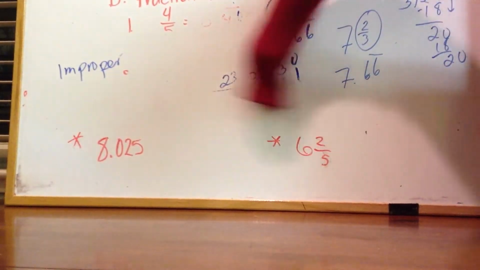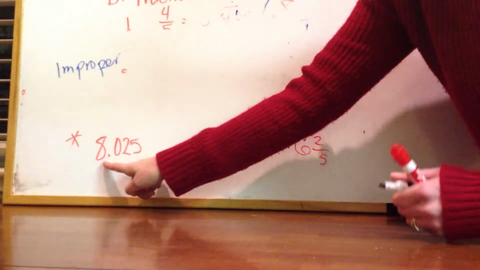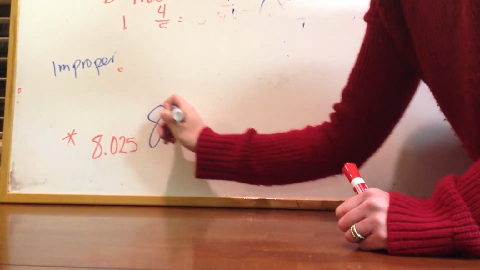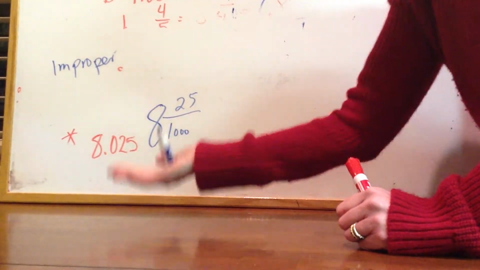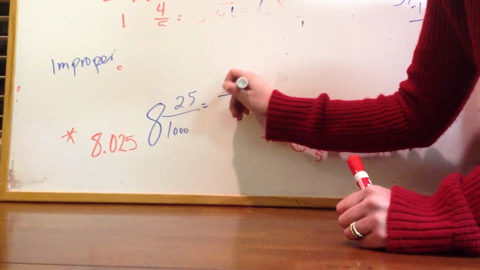Okay, let's look at our answers together. If you need more time, put the video on pause. So it's 8 and 25 thousandths. So we have 8 and 25 over 1,000. We need to reduce that. So on top we have a 5 times 5.